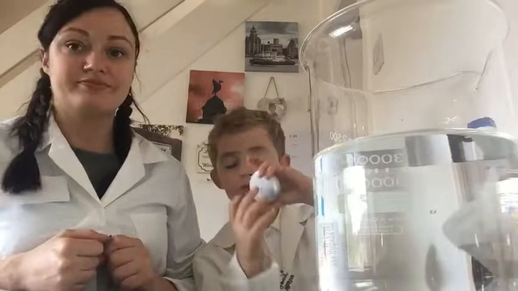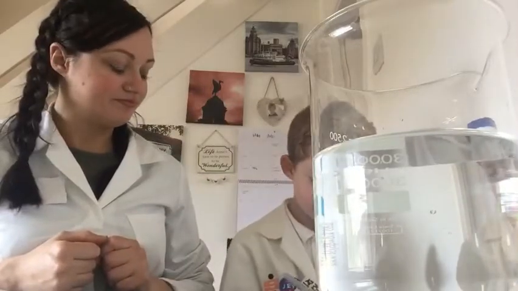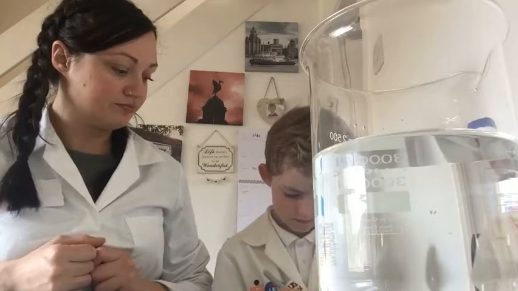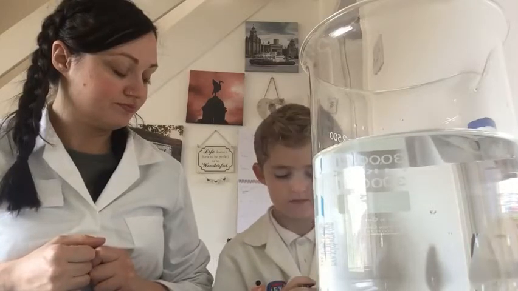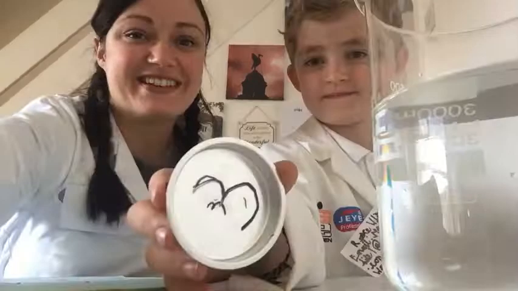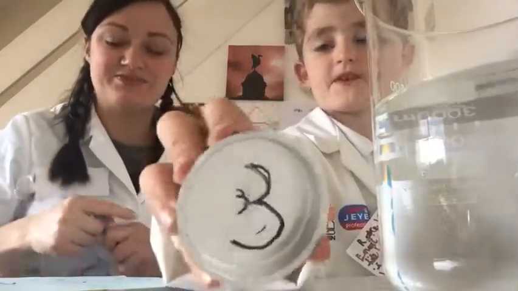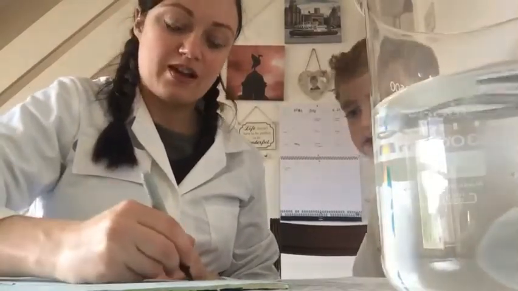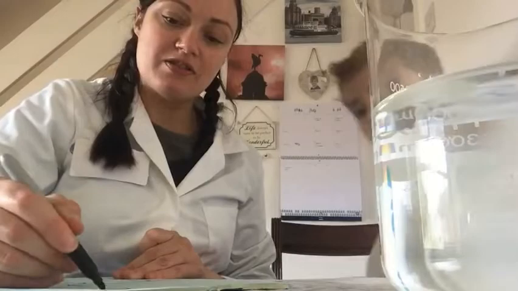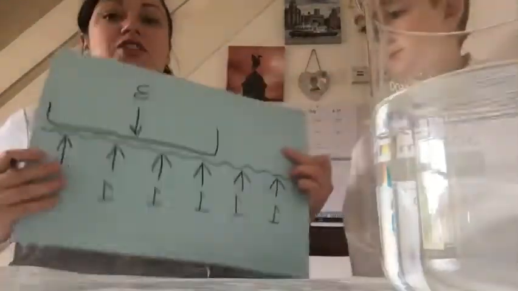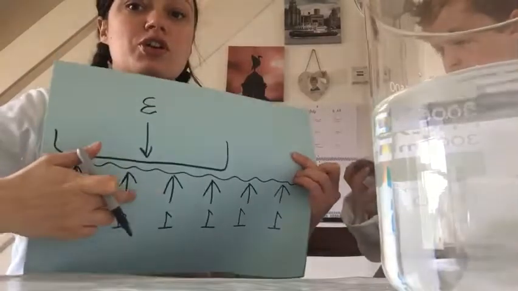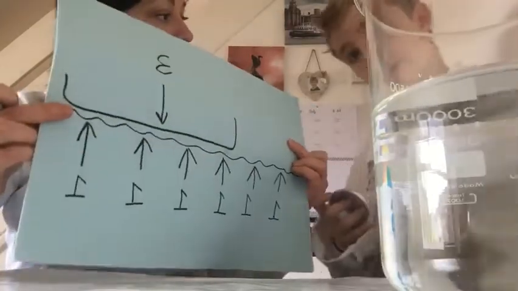Write it a bit bigger so you guys can see. So that sits on the water and pushes down 3. So you've got 3 pushing down, and how many pushing up? 1, 2, 3, 4 pushing up.